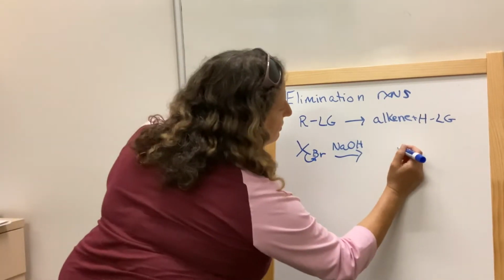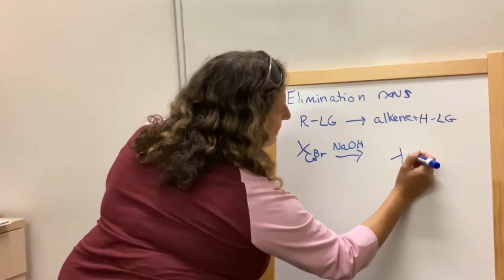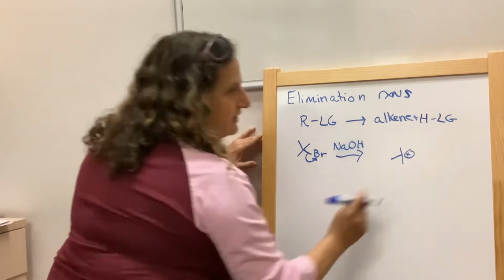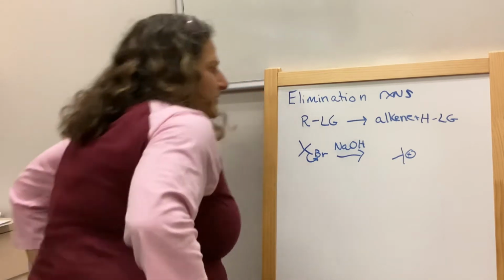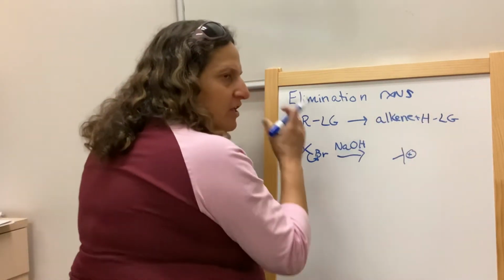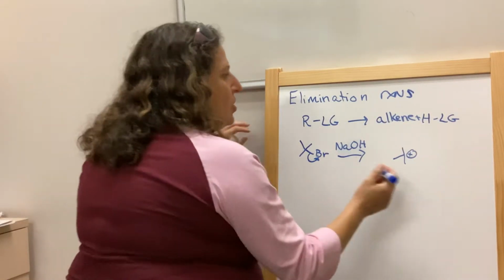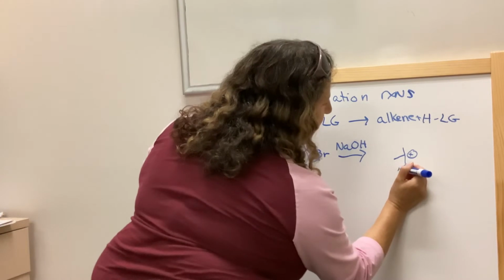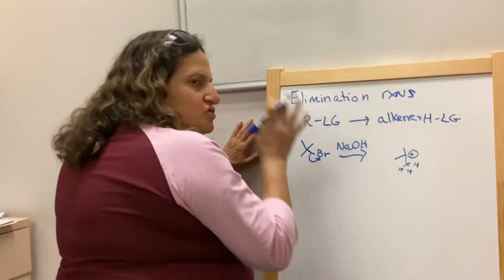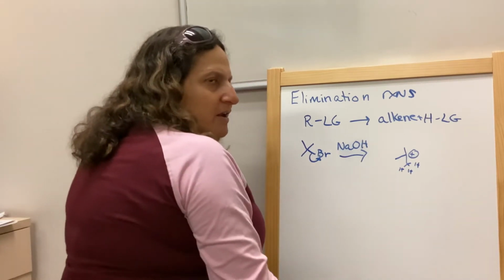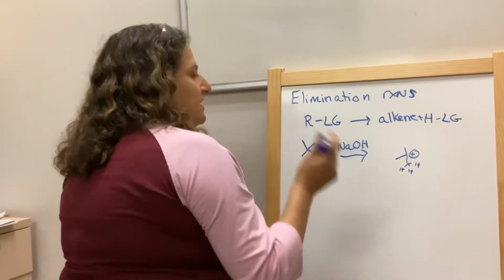The first thing I'm going to do is have this carbocation, and I have two options. I could have a nucleophile come in and attack, or what happens once I have a carbocation is the hydrogens right next to the carbocation are more acidic.